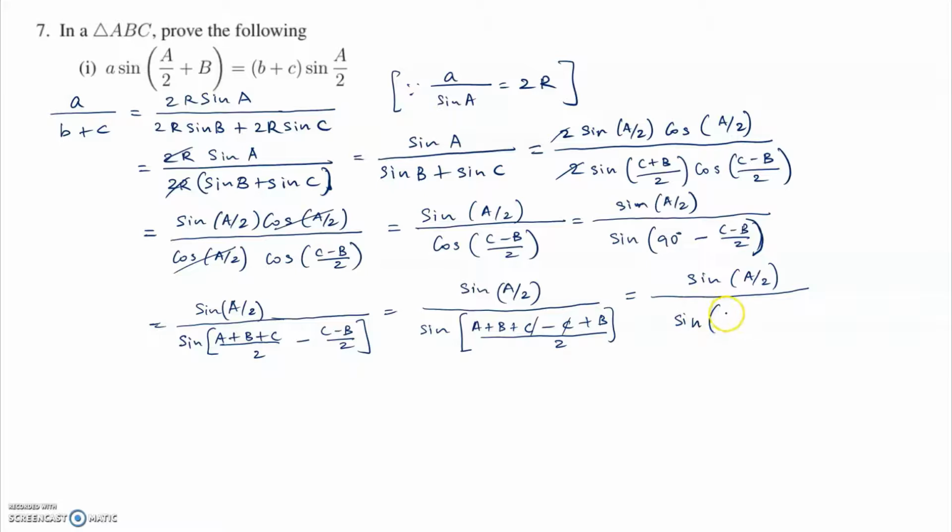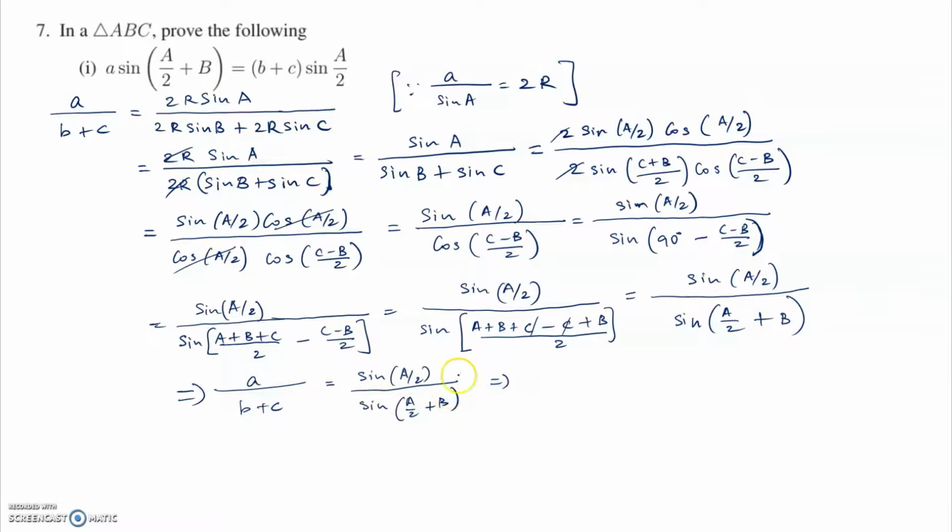So you will be left with A/2 plus B. So this implies a by (b plus c) is equal to sin (A/2) divided by sin (A/2 plus B).